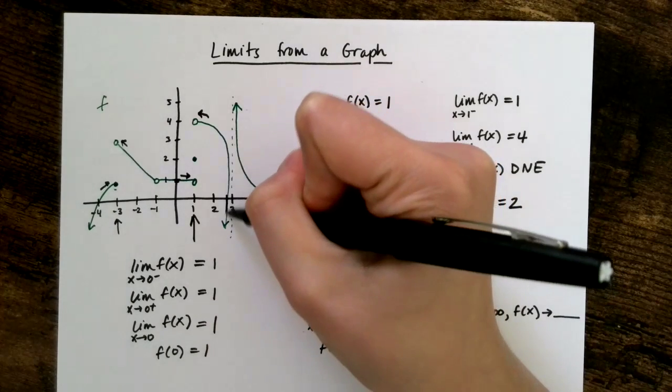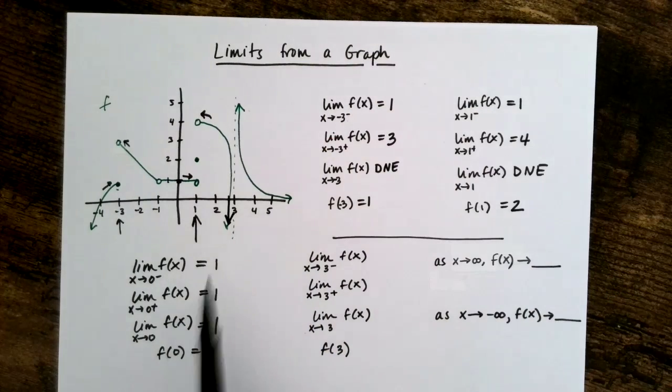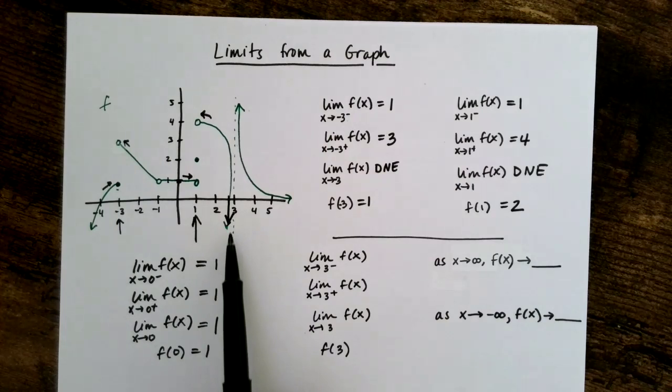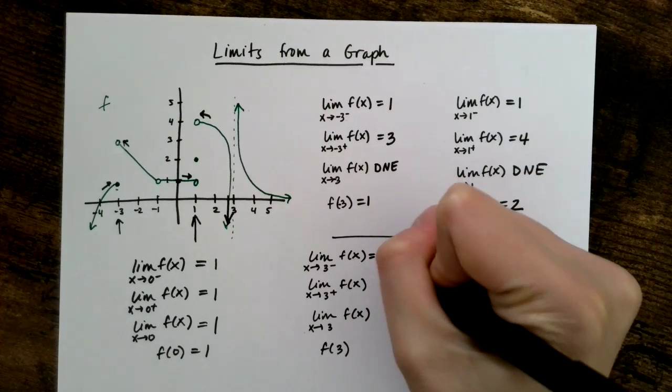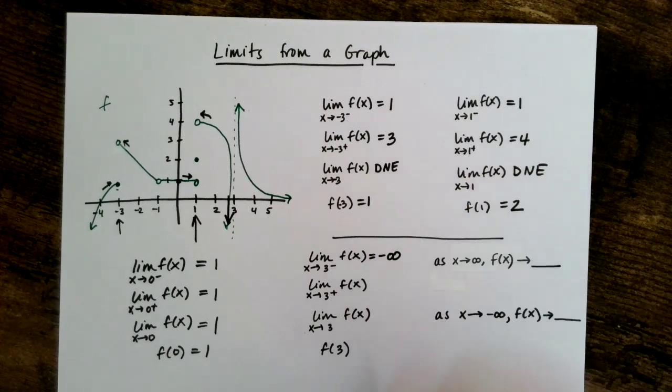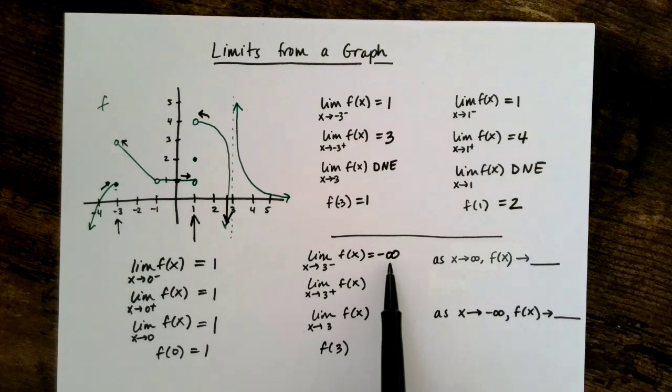And as we plug in those x values really, really close to 3, the y values are just plummeting south, going really, really fast down. So this limit doesn't exist, but because it's headed down like that, we can be more specific and say negative infinity, which is telling us there's a vertical asymptote, and on the left side, it's headed downward.